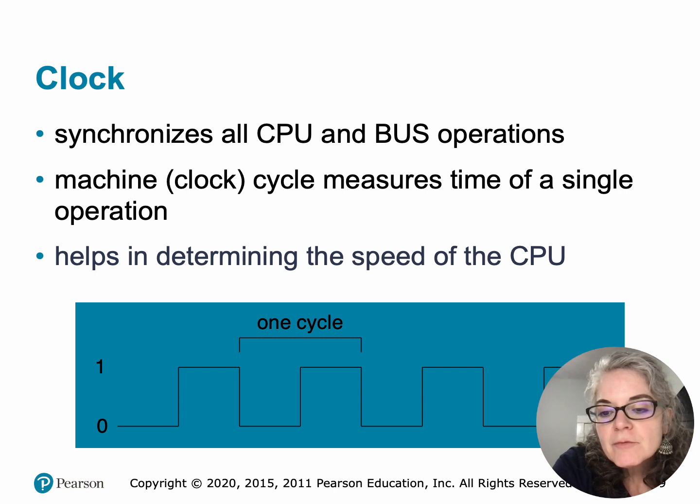So if we are measuring how fast an instruction is executed or processed, we would say 2 gigahertz or 3 gigahertz, and 1 gigahertz would be 1 billion clock cycles per second.